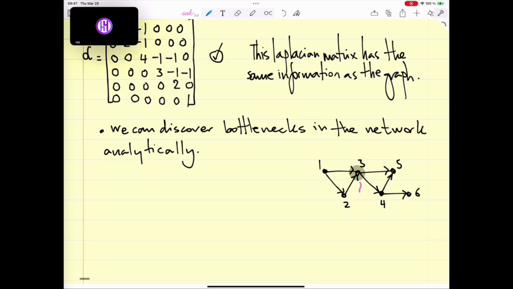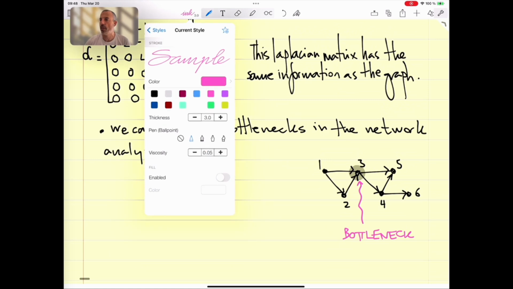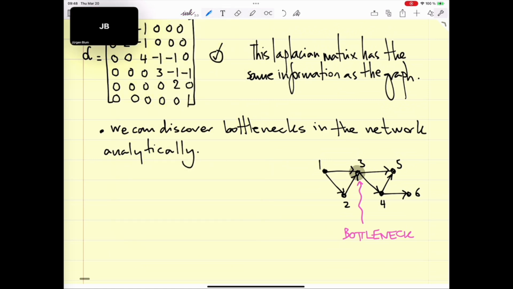What do you see? Yeah. So if three fails, we don't have a network anymore. Yeah, but not that easy as you said. I explain it now, okay?